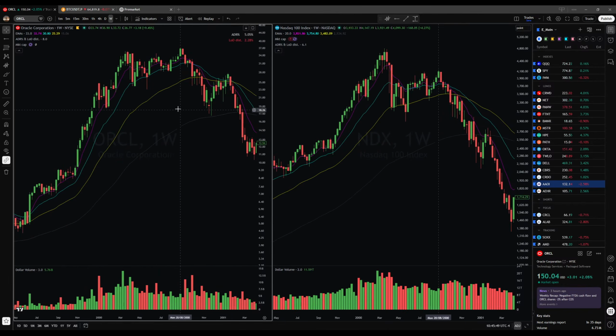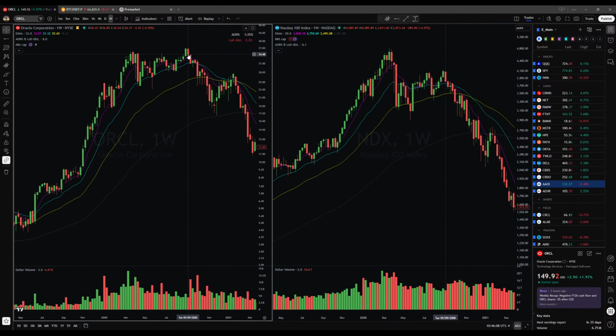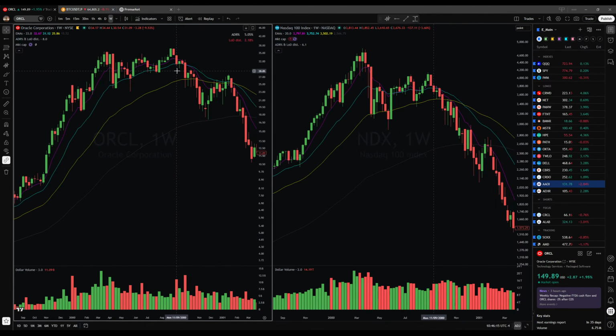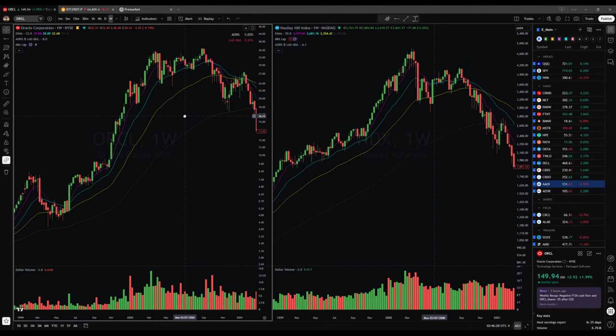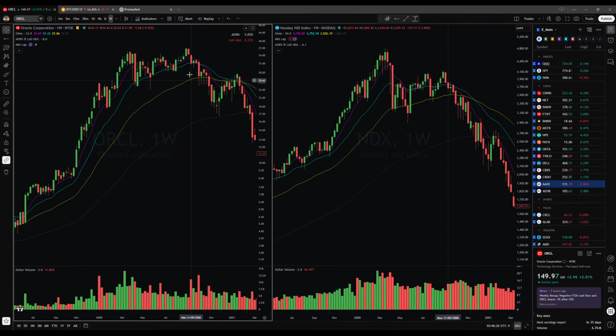And Oracle did make a higher high in September 2000 when the Nasdaq was trying to break out from the lower part of this base, but it failed. Two weeks later it's losing the 9 and the 21.